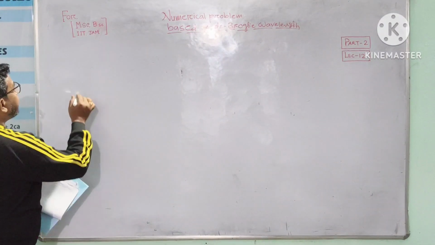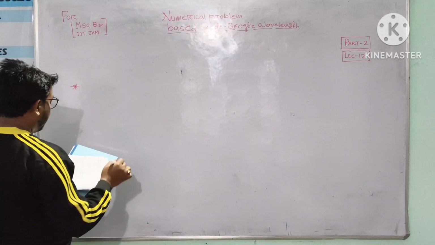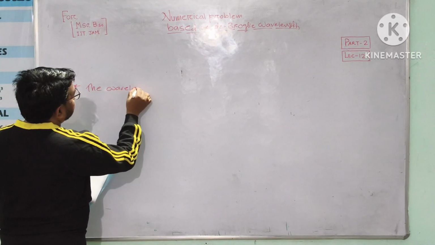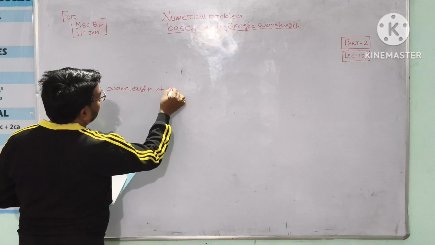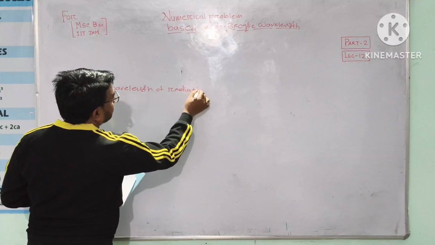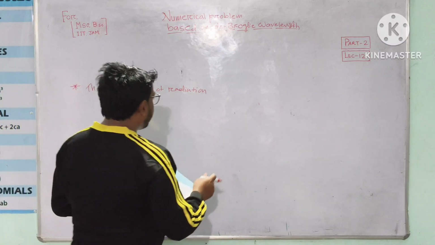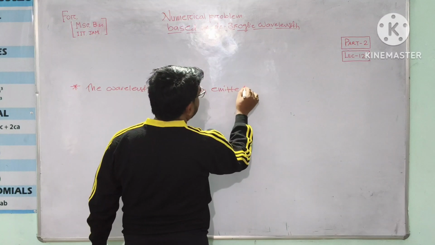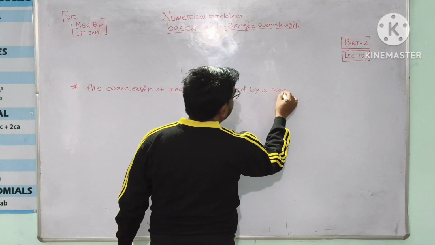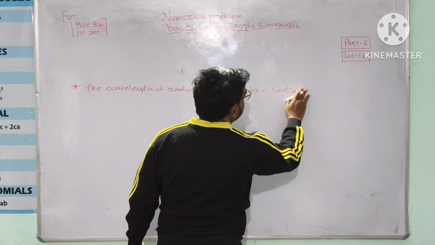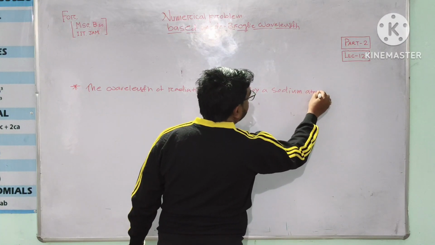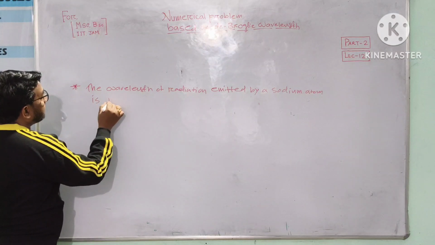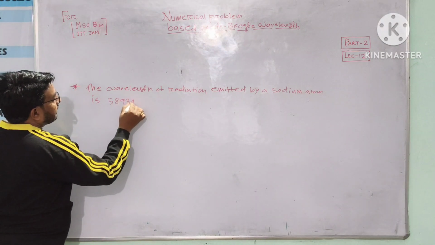Okay, our last numerical problem: the wavelength of radiation emitted by a sodium atom is 5893 angstrom.